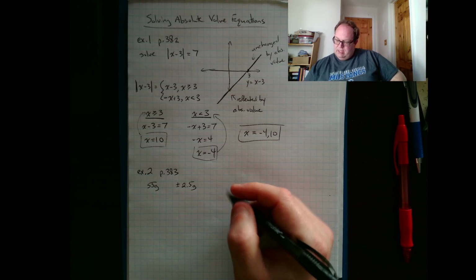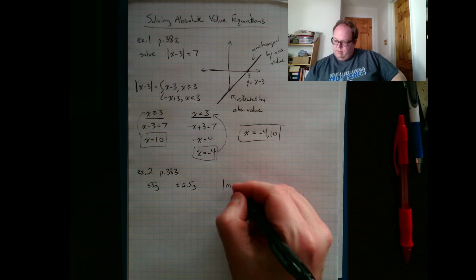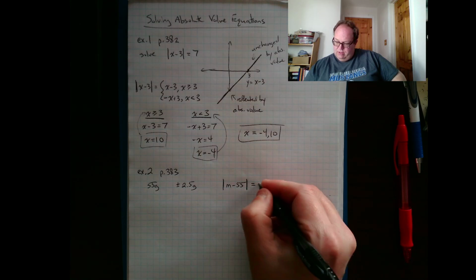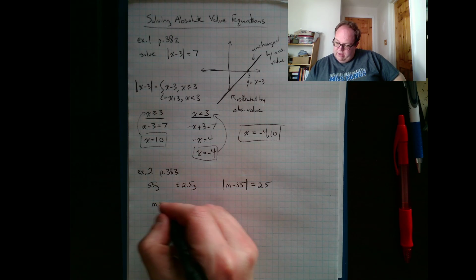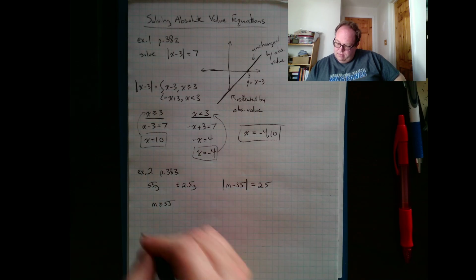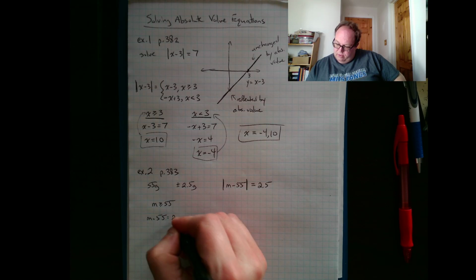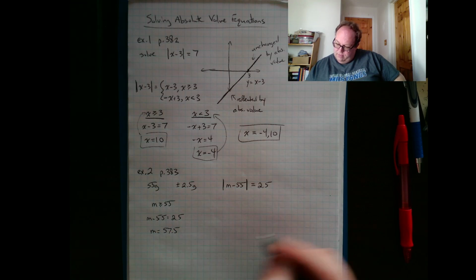So this is basically telling me that whatever my mass is, minus 55 grams, you're allowed to have a tolerance of up to 2.5 off of that. So if I were to graph out y equals m minus 55, I would know that for m values greater than or equal to 55, m minus 55 equals 2.5, or m equals 57.5.